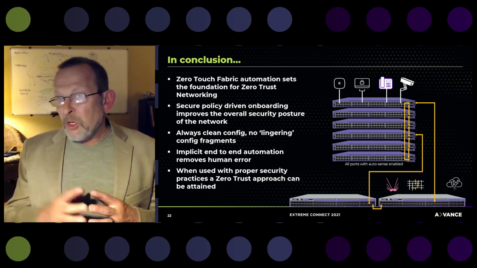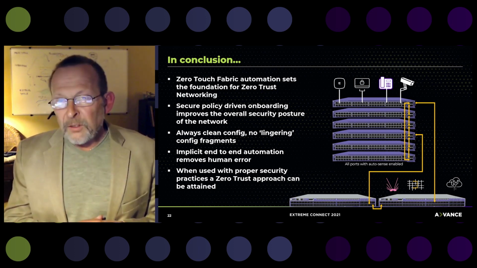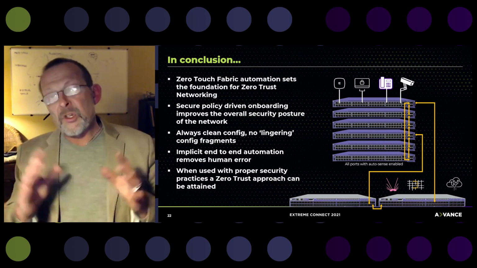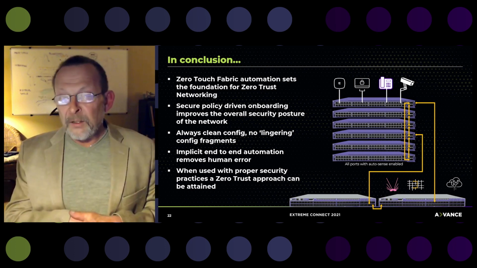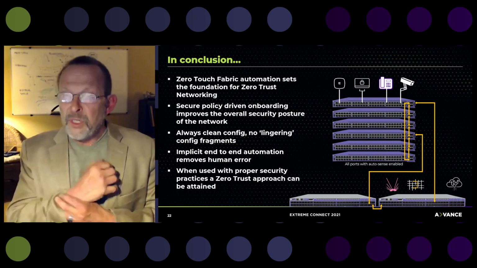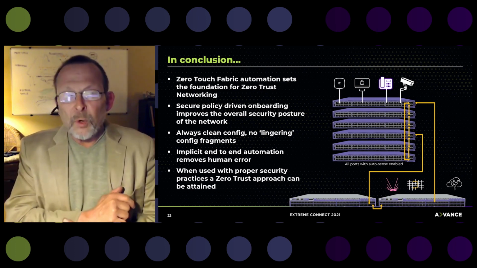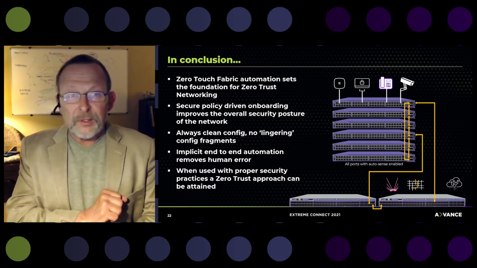Implicit end-to-end automation also removes the aspect of human error. You no longer have technicians out in wiring closets pounding away at keyboards with command line interfaces, potentially introducing configuration errors into your network. Everything becomes very, very clean.